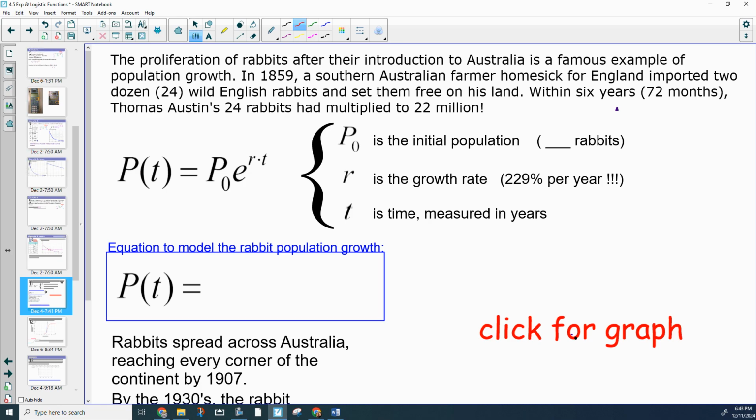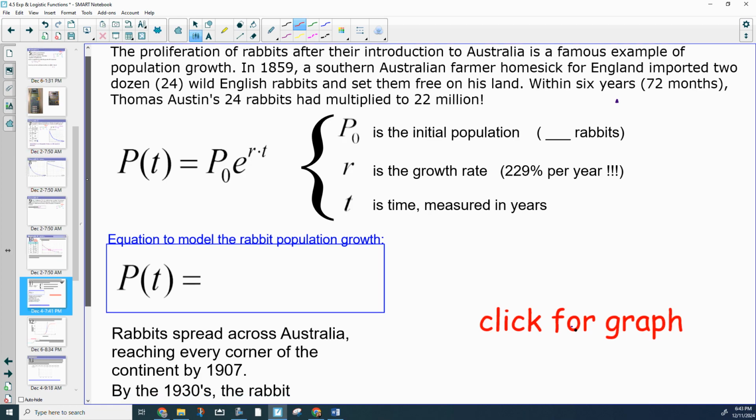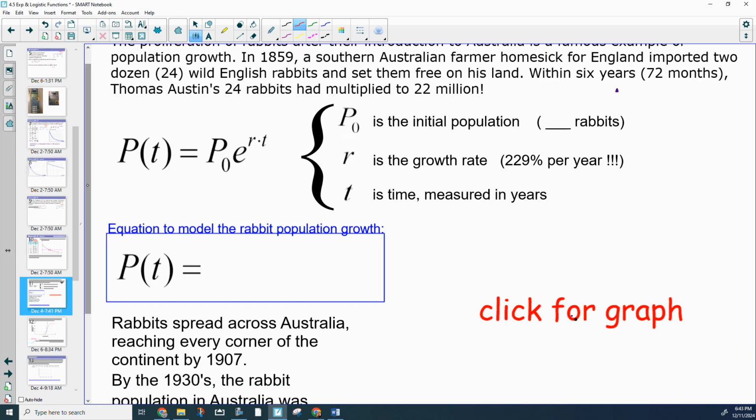Within 6 years, 72 months, Thomas Austin's 24 rabbits had multiplied to 22 million. So we're going to use this to create the equation. The P sub O is just the original population. So again, that's the 24 rabbits that were started.